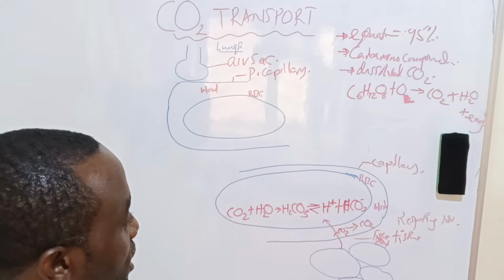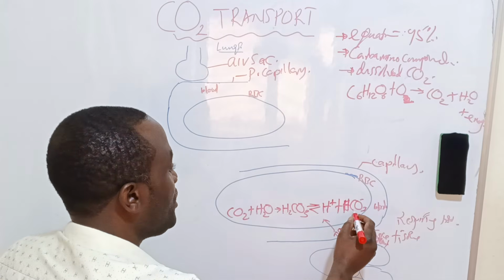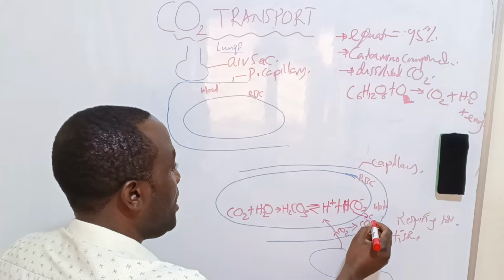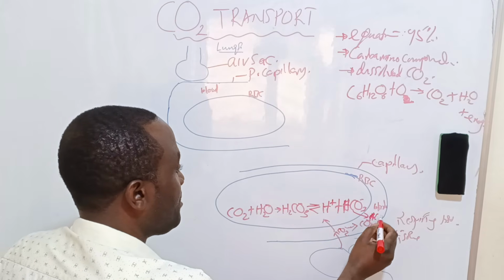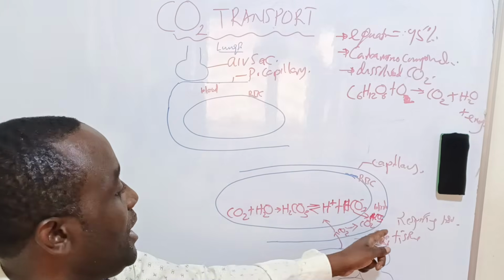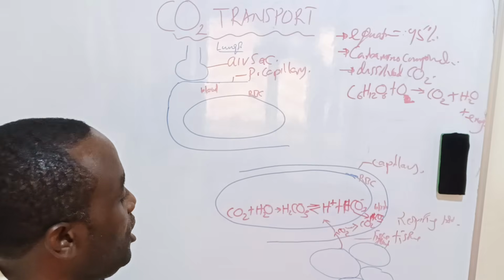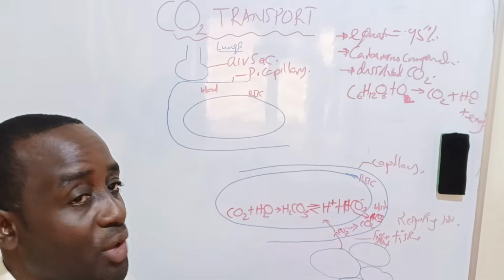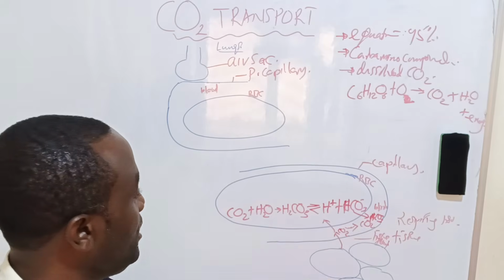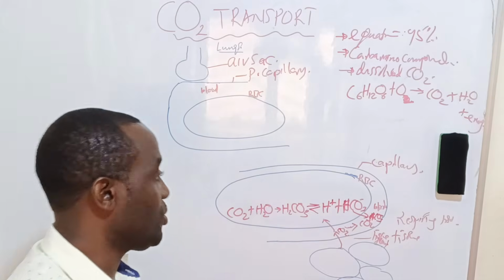Thanks be to God, there are channels that allow the diffusion of these bicarbonate ions back into blood plasma. They diffuse and get outside back into blood plasma. What happens? It creates a void, a need for this acid to dissociate even more, to give more bicarbonate ions.